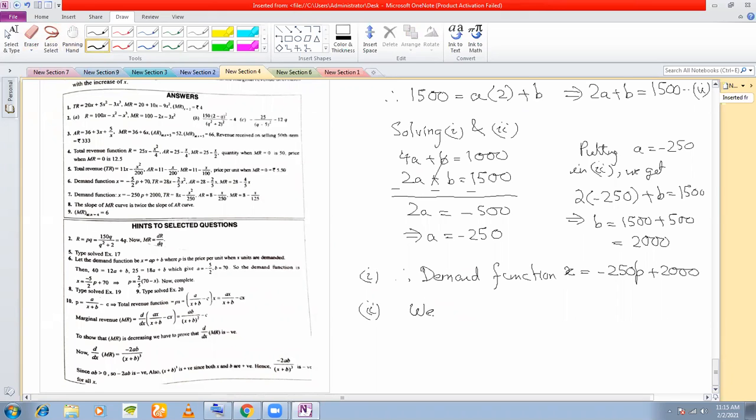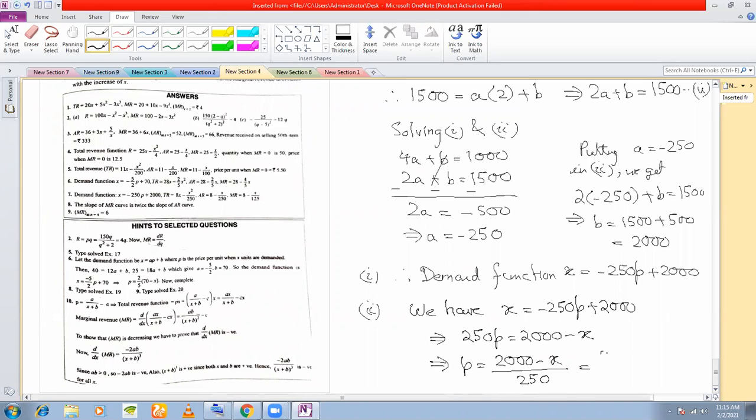From the demand function, we find out P. So you have 250P is equal to 2000 minus X. That means P is 2000 minus X divided by 250, which is equal to 2000 by 250 minus X by 250, right?